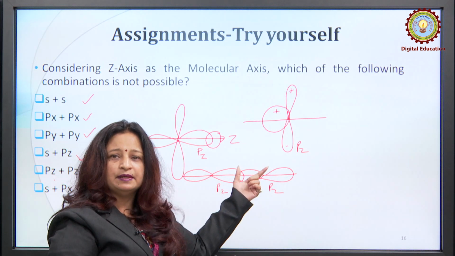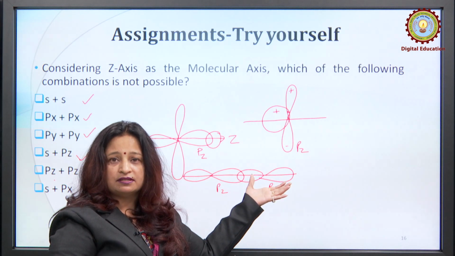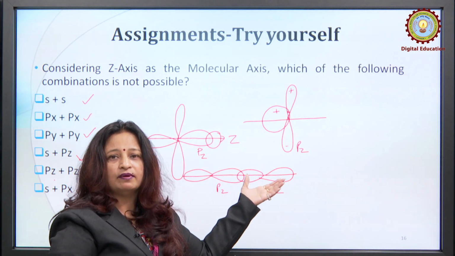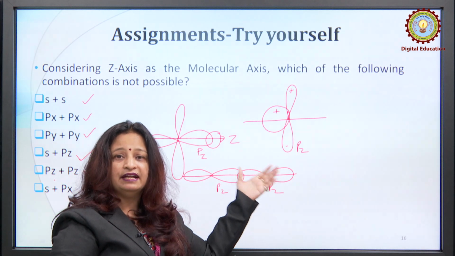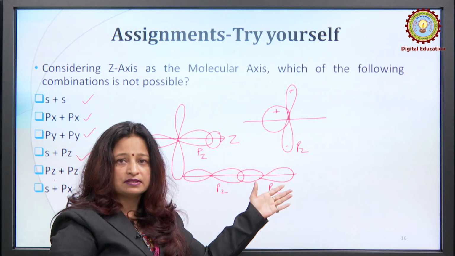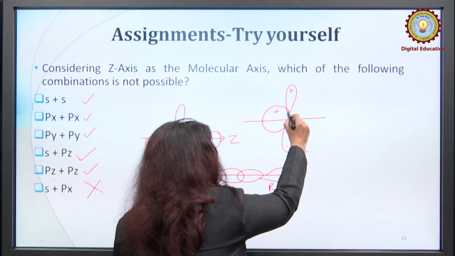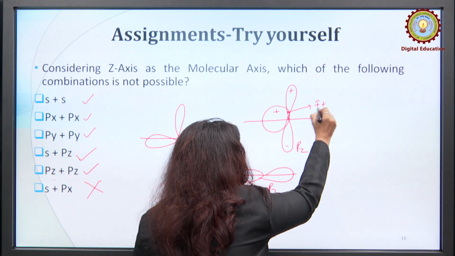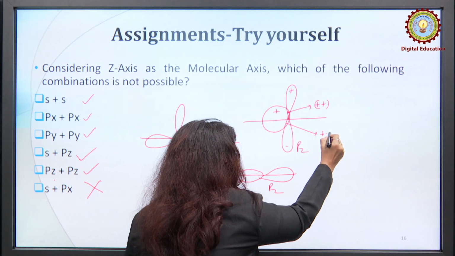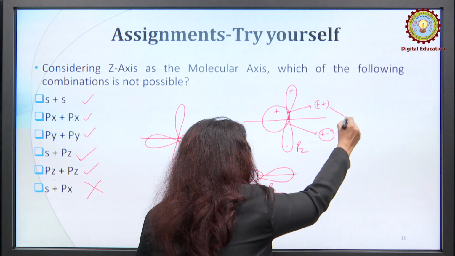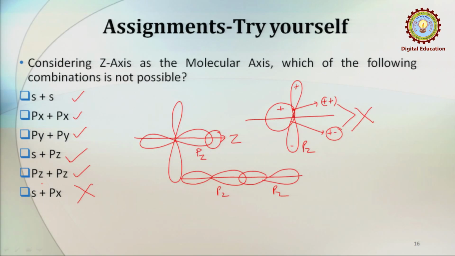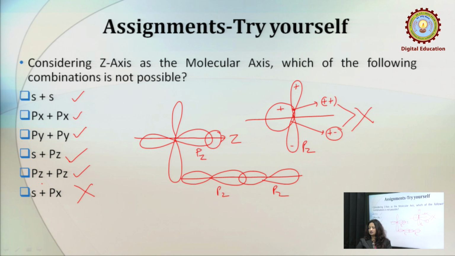Because of different symmetries, the overlapping atomic orbitals S and Px differ from each other, so this is not possible. Again, another reason is that this is a plus-plus overlap and this is a plus-minus overlap, right? So, both the overlaps cancel each other. So, this combination is not at all possible considering z axis as the molecular axis.